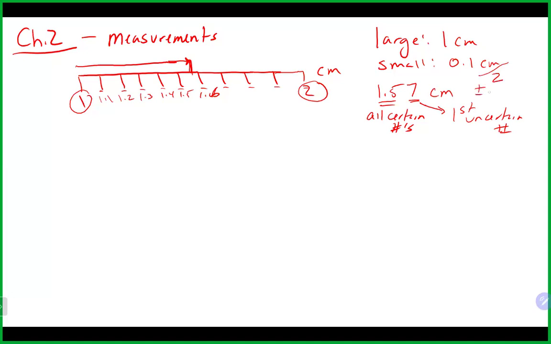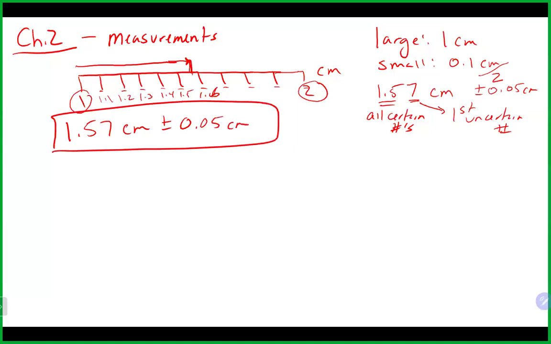That's what gives us our plus or minus 0.05 centimeters, which means we can't take this to 2 decimal places, which means the proper reading here is 1.57 centimeters plus or minus 0.05 centimeters in this case. Again, the reading and its tolerance.